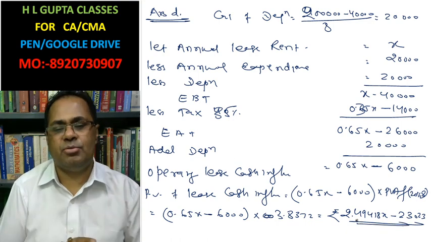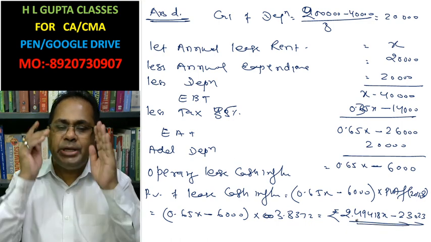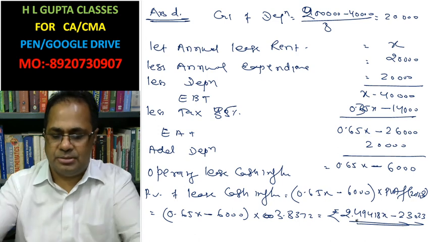This is the present value of operating cash inflow. Now we need to calculate terminal cash inflow.